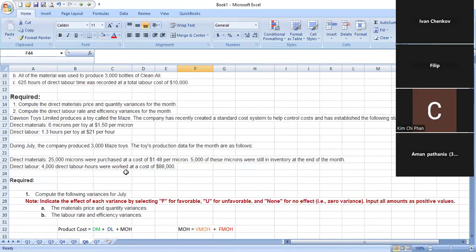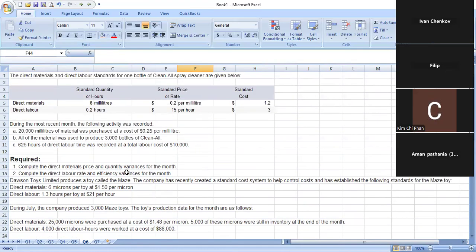So I guess I started the question from here. Yeah, that makes sense because the cost is the same right there. So let's check quickly. Direct material, direct labor standard for the one. So we have the standard direct material, 6 millimeters.